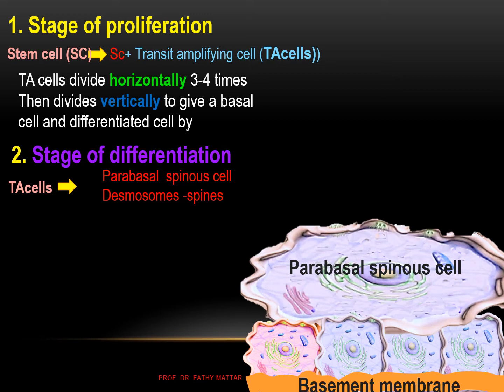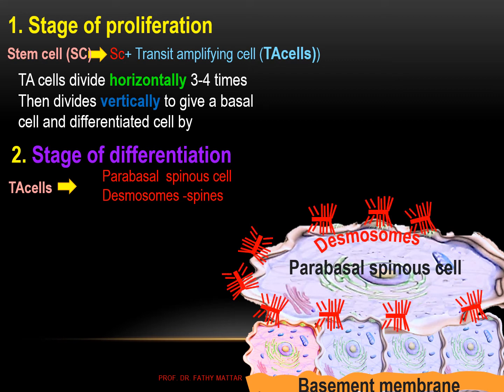The upper parabasal spinous cell is a differentiated cell. That's why this is called the stage of differentiation. These cells are differentiated and cannot usually divide. Usually they do not divide, but they are very active, biologically active, in order to form the upper layers of cells.